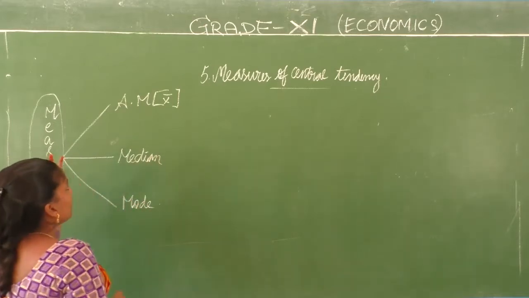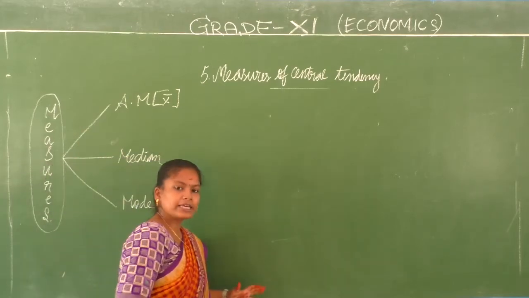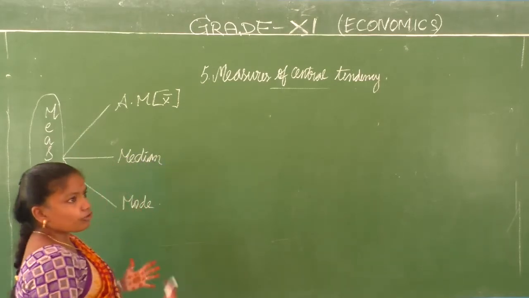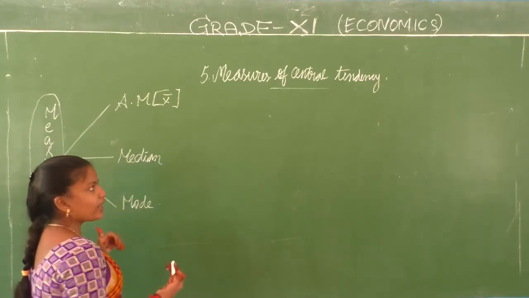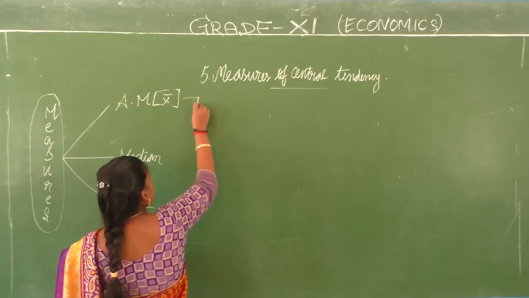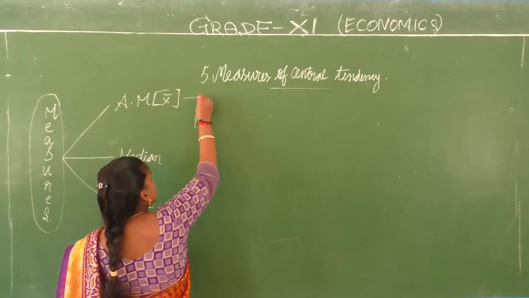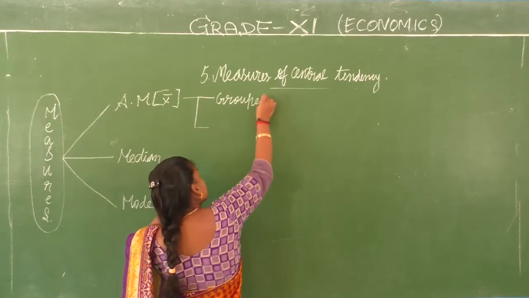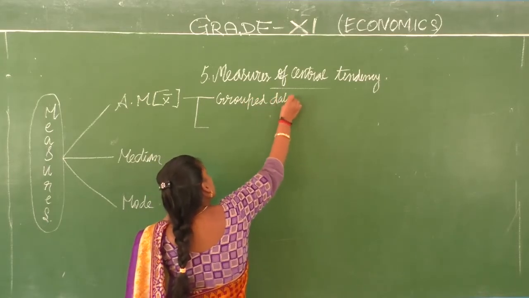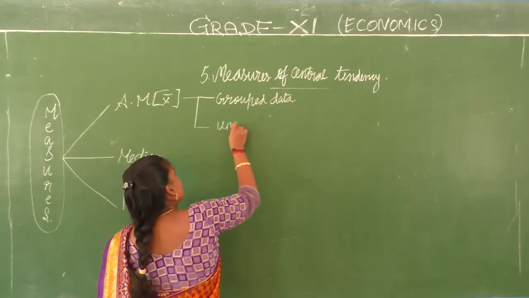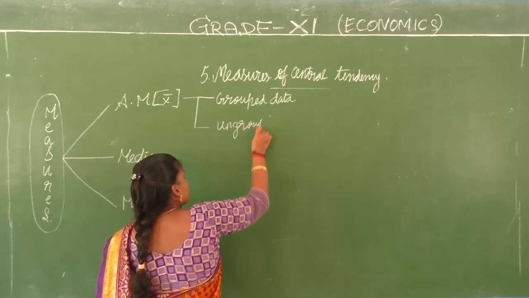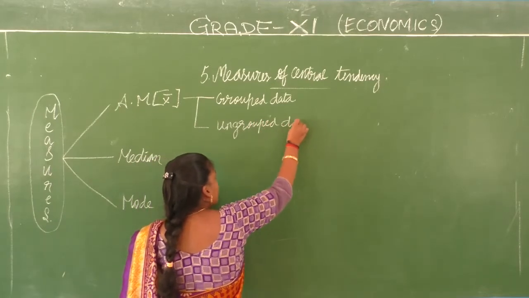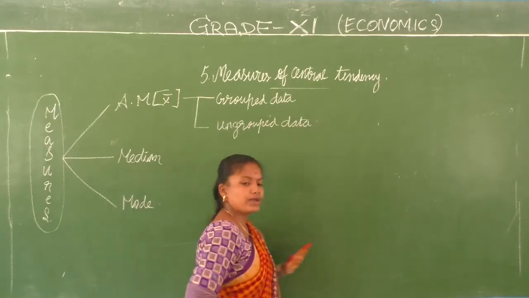Right, children? And when we spoke about arithmetic mean, we had two different things: grouped data and ungrouped data. Ungrouped data means without frequencies.